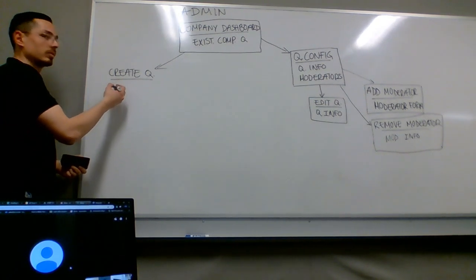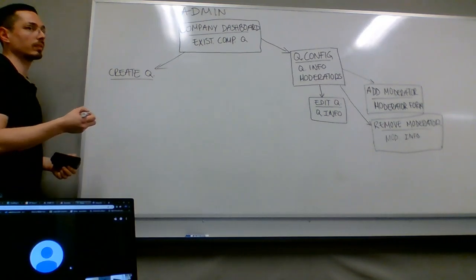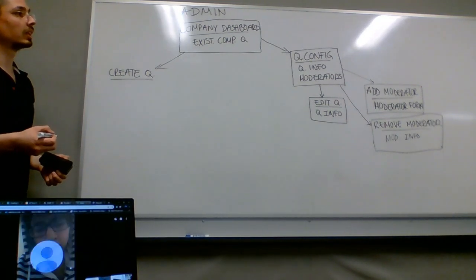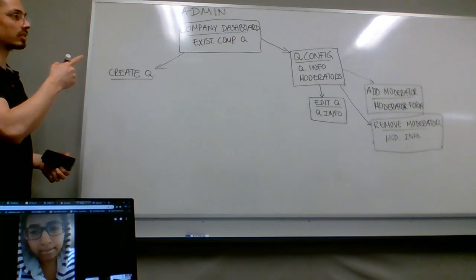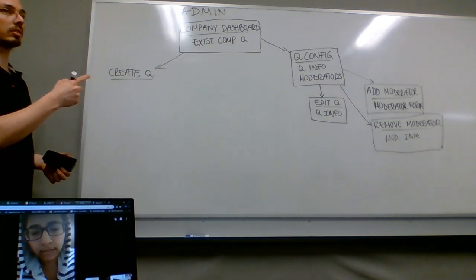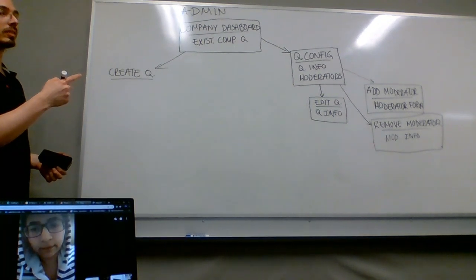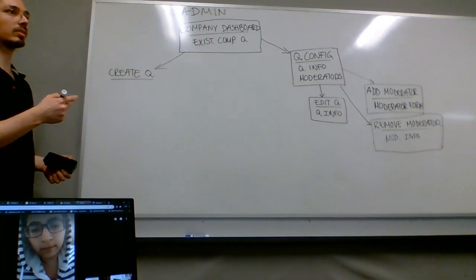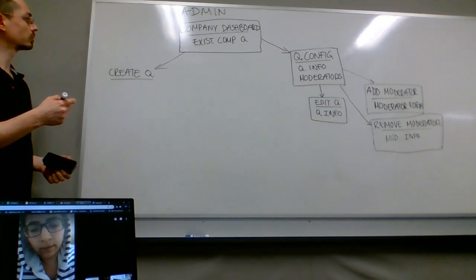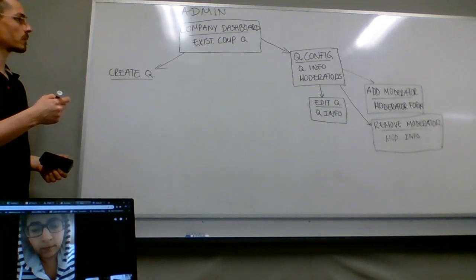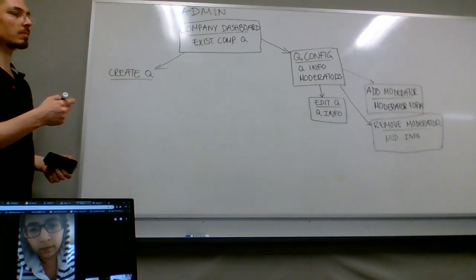I feel like it would just point to the queue config. Very similar, but it's not going to be the same. I'm just saying you have create queue as a story, and then after that it'll be pointed to the queue config to set things up. So we don't have to rewrite everything again, because it's kind of the same.